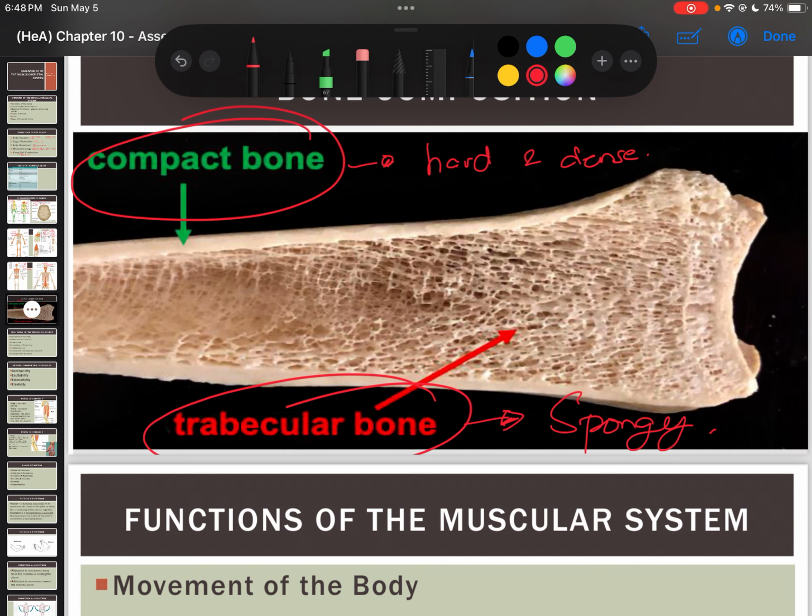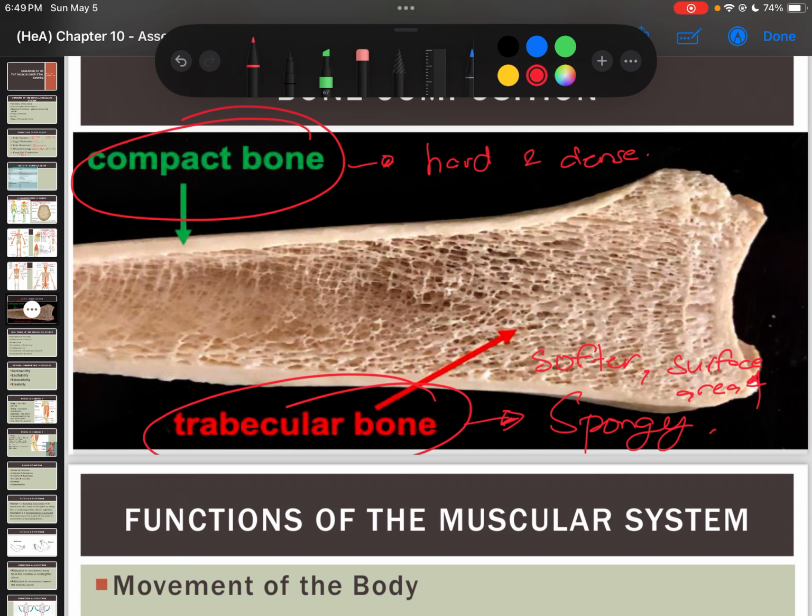Now, the trabecular bones, our spongy layer, are obviously much softer, but they are very dense. No, not dense, dense is the wrong word. They have a large surface area.